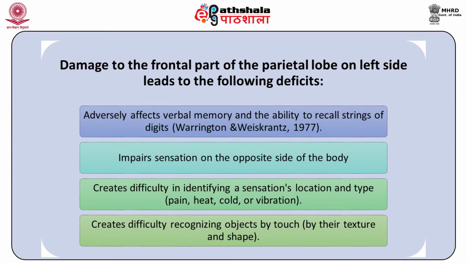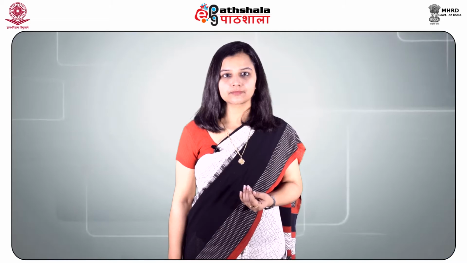Adversely affects verbal memory and the ability to recall strings of digits, impairs sensation on the opposite side of the body, creates difficulty in identifying a sensation's location and type like pain, heat, cold or vibration, creates difficulty recognizing objects by touch or by their texture and shape.